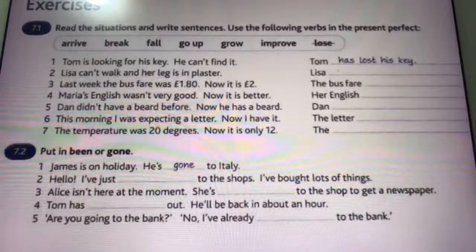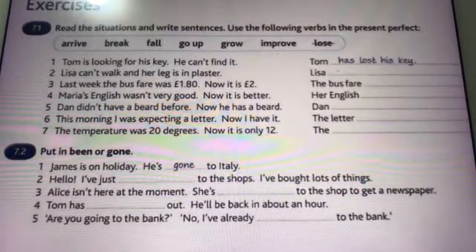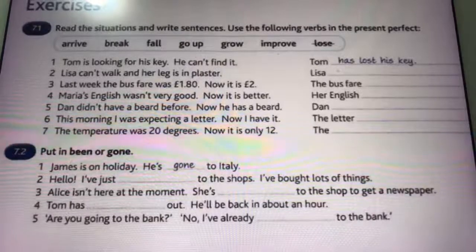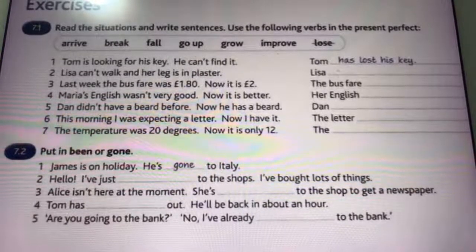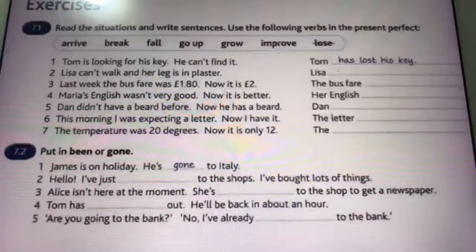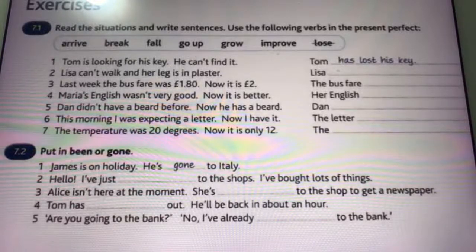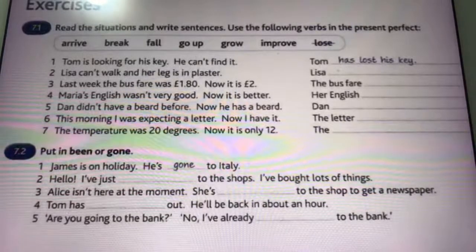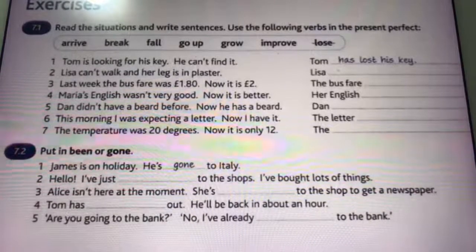What's the past participle? Broken. So Lisa, what's the answer? Okay. So it's Lisa has broken her leg. Okay? Next, number 3.